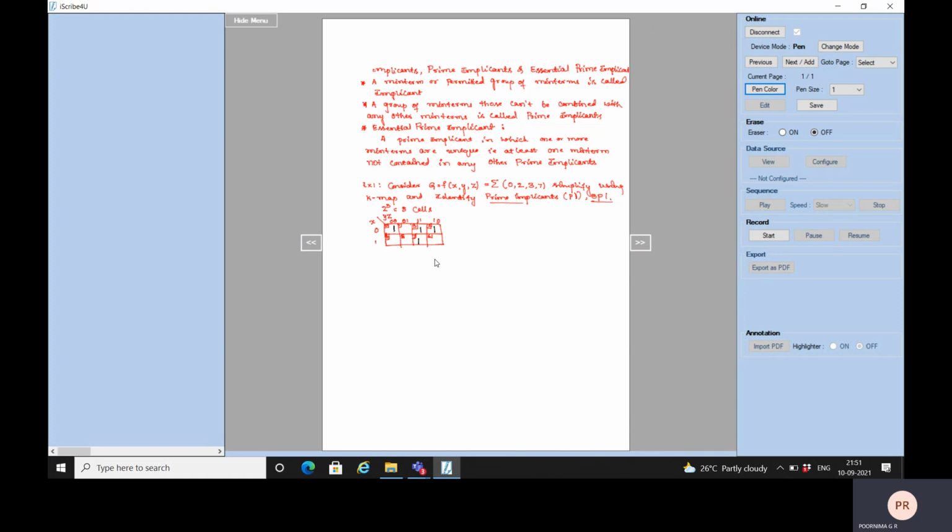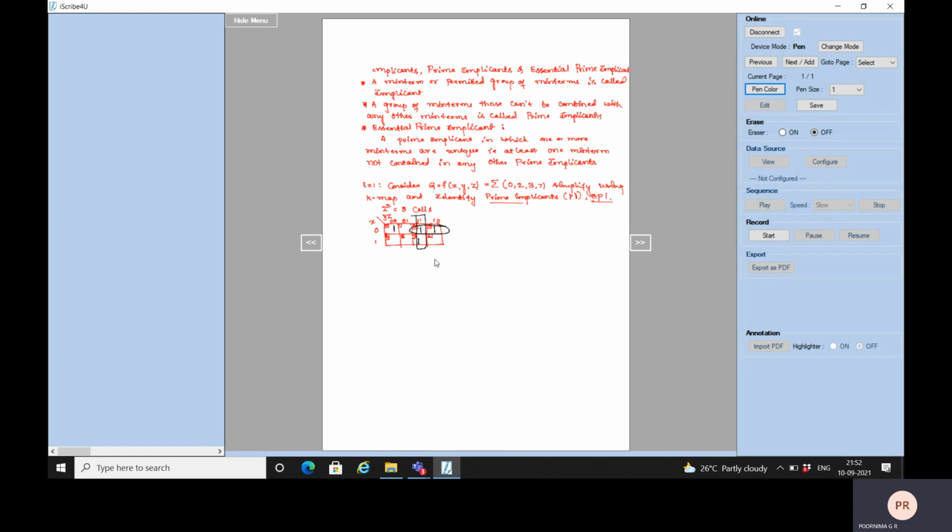When the grouping has to be done, only the adjacent cells need to be grouped. During the grouping, the first grouping that can be done is 3 and 2. Again, we can go for 3 and 7.